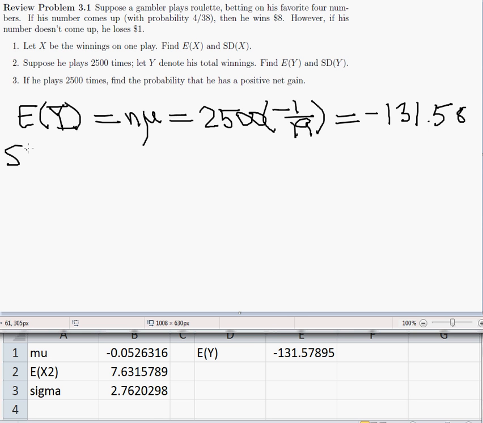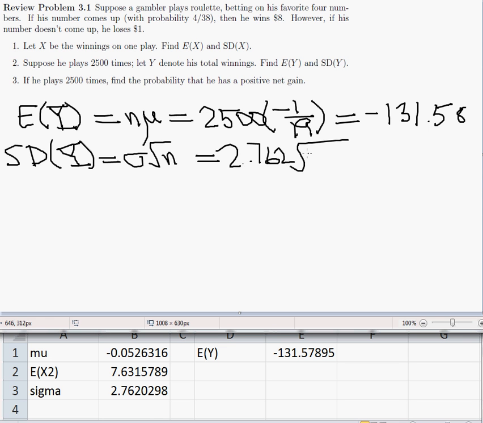The standard error, the standard deviation of y, the formula is sigma times the square root of n for this sum problem. So that'll be 2.762 times the square root of 2,500.